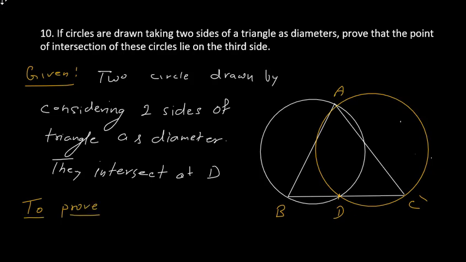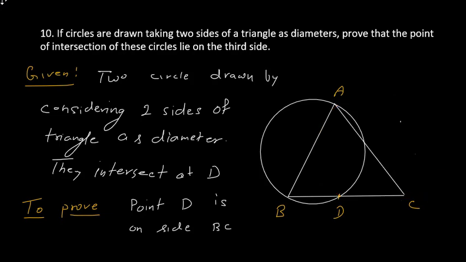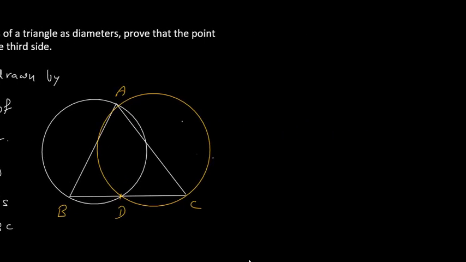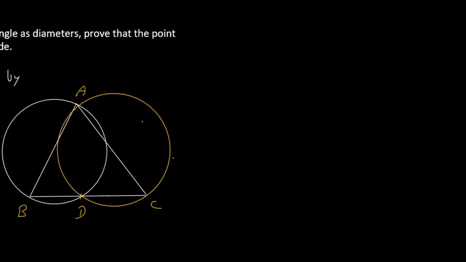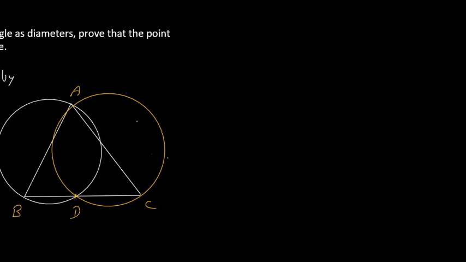So to prove point D is on side BC. Now let us prove it. So just think what we can do to prove this thing. Here I will start with the proof.